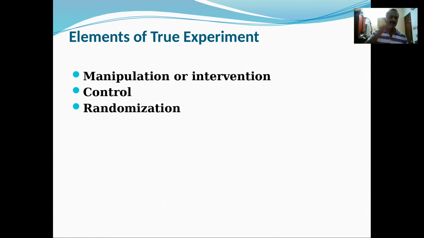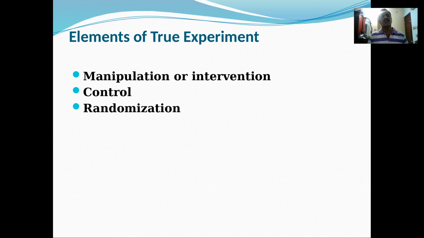Again, when we hear the term experimental design, we always think about laboratories, a lot of chemicals, test tubes, burners, beakers, etc. That is an experiment for us. But we can do an experimental study without a laboratory also.